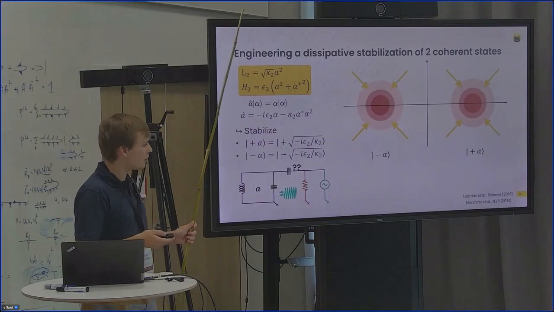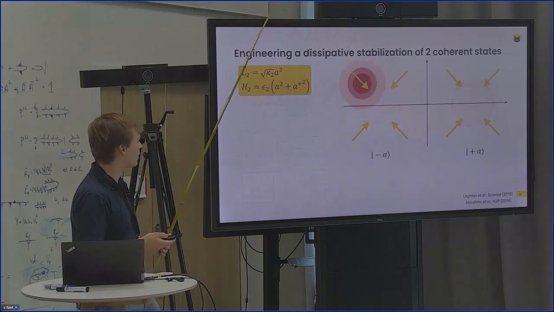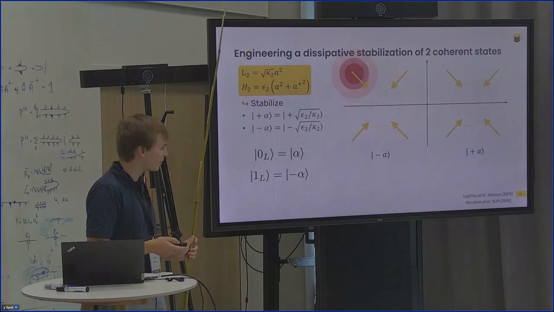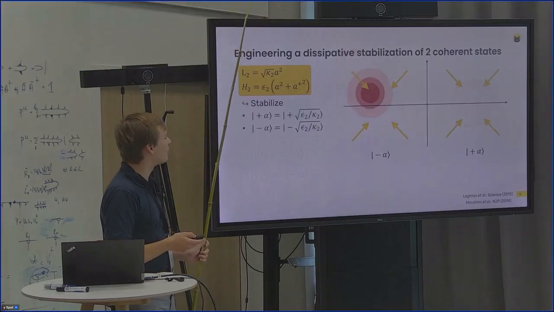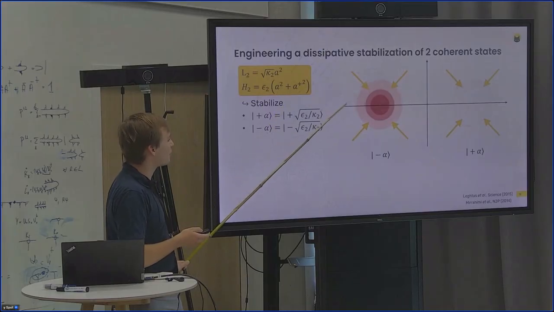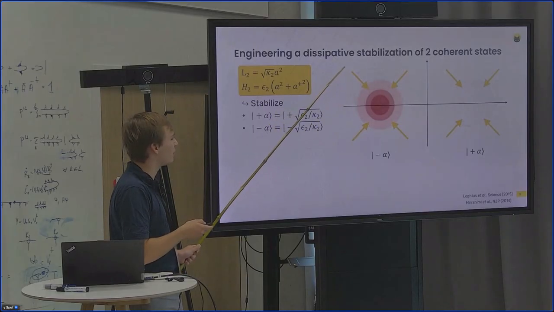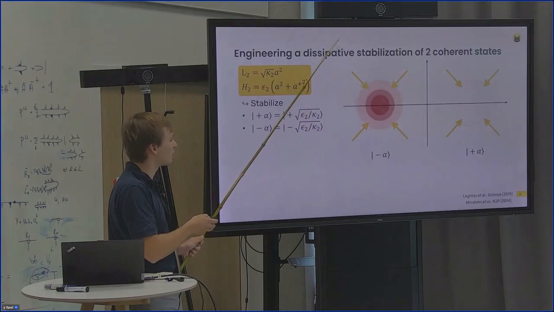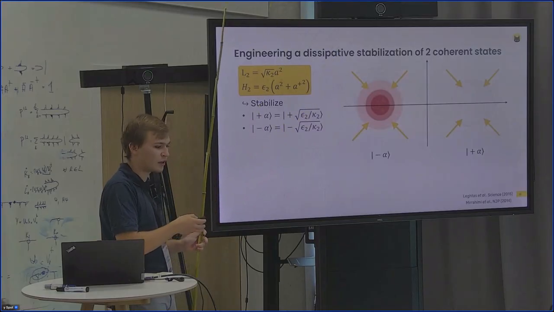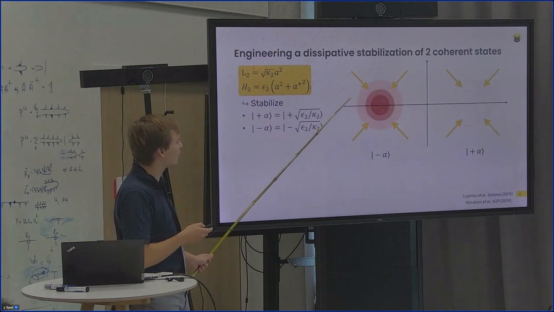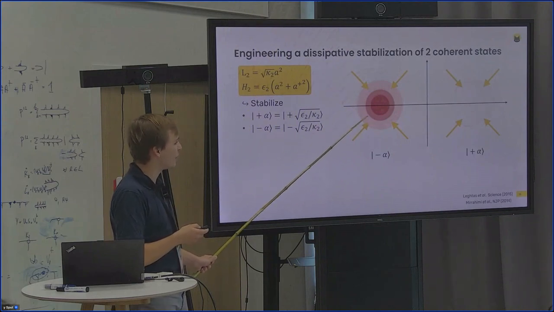So this is very good, because then you can say that your logical zero is alpha and your logical one is minus alpha. And then you see that if you start in a state which is close, so here it's in the Wigner space, but you can think of it in practice as wave functions which have an overlap. If you start in a state that is close to minus alpha, you will go back to minus alpha.